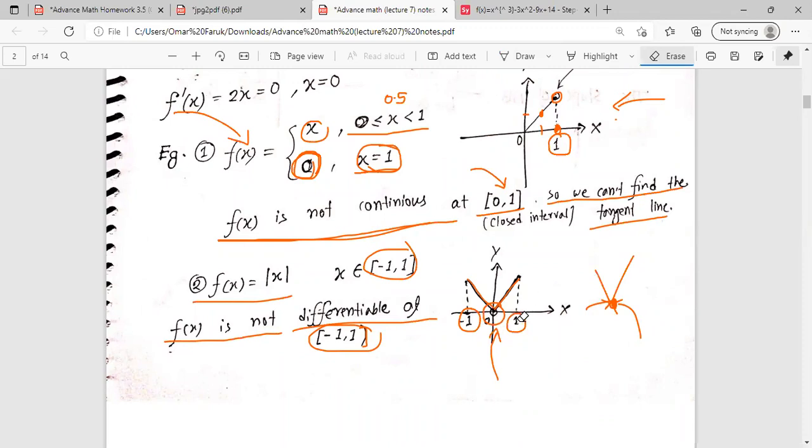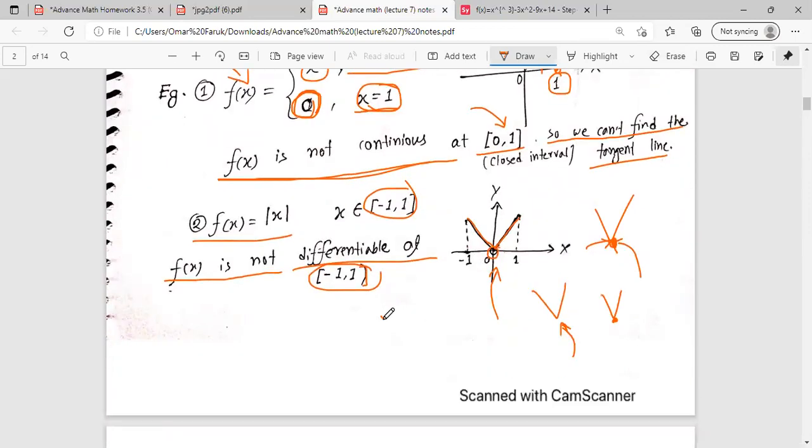Sorry, closed interval. Because at this point, where x is equal to 0, this function is very sharp. So we cannot find a derivative at a sharp point. Or if a function is sharp like this, this function is not differentiable at this point.